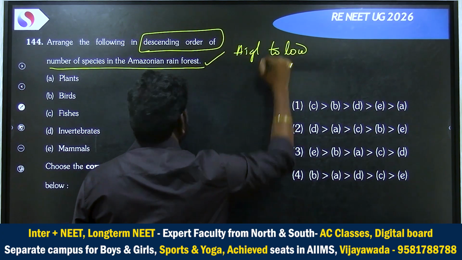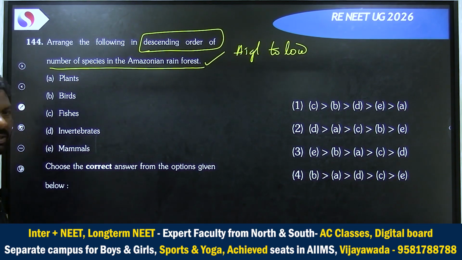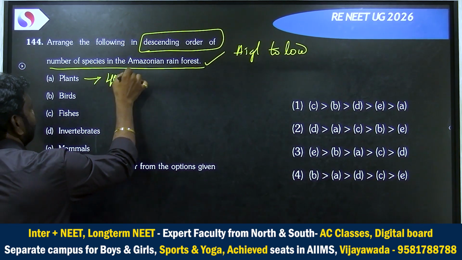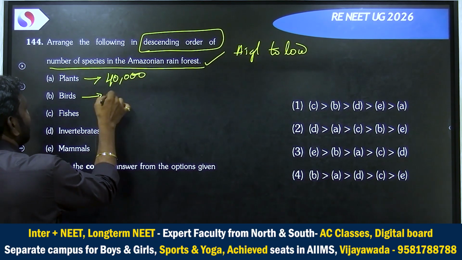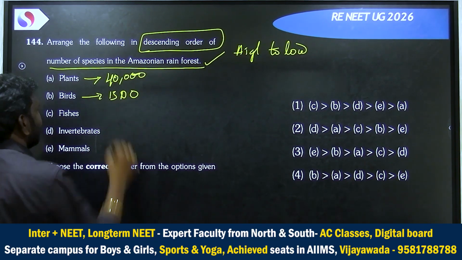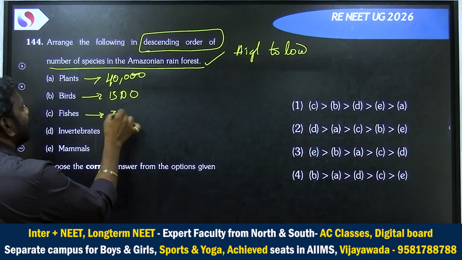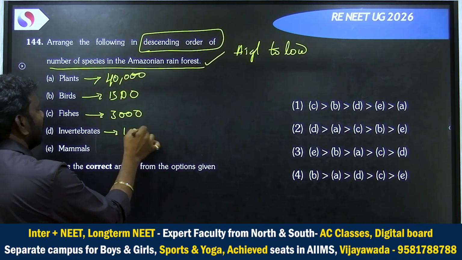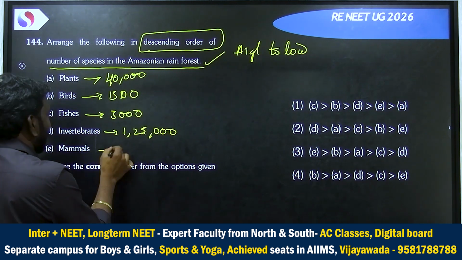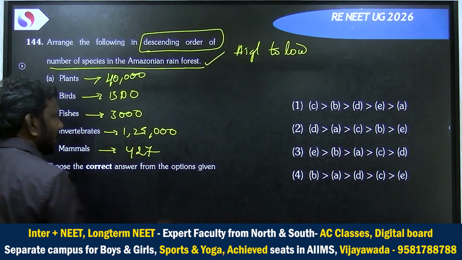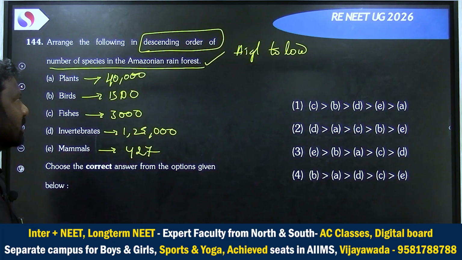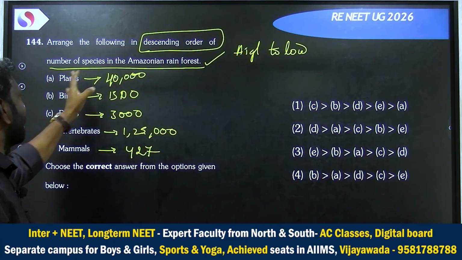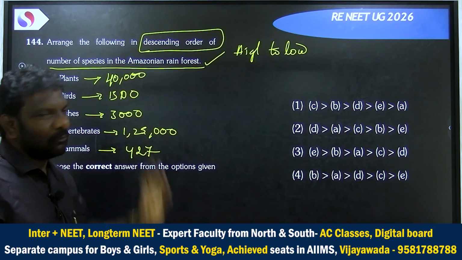In the Amazon rainforest, the number of plants is 40,000, birds 1,300, fishes 3,000, invertebrates 1,25,000, and mammals 427.